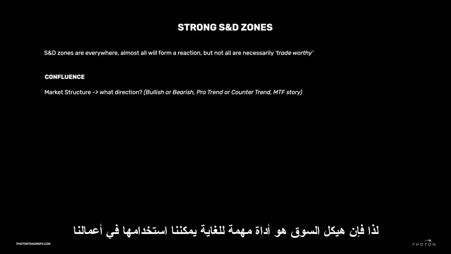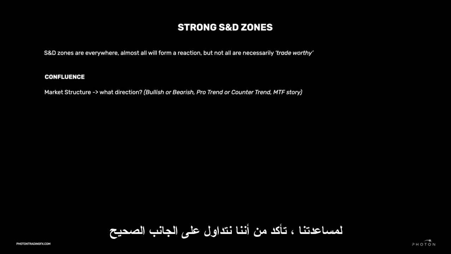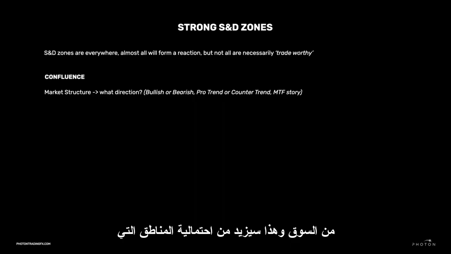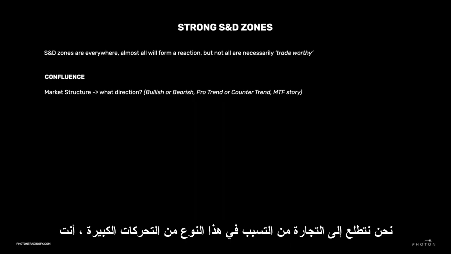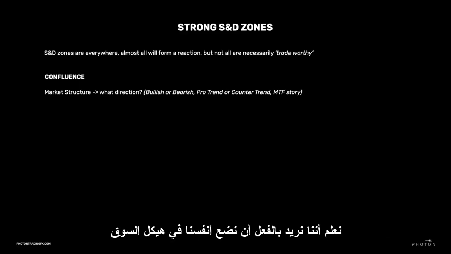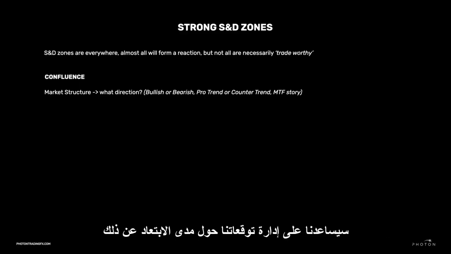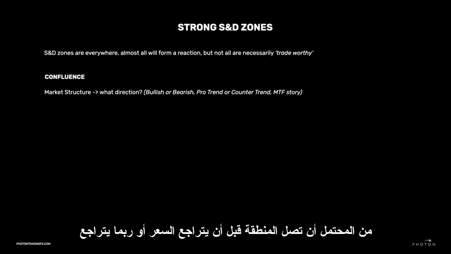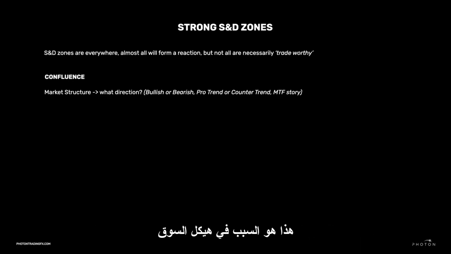So market structure is a very important tool that we can use in our analysis to help us make sure that we are trading on the right side of the market, and that will increase the probability of the zones that we are looking to trade from causing the type of large moves that we actually want to position ourselves in. Market structure will also help us manage our expectations of how far the move from that zone is likely to reach before price may pull back or even reverse. That's why market structure is king.